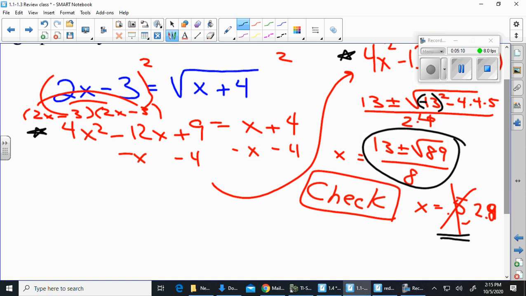Why would 0.5 not work? If you do 2 times 0.5 minus 3, that's going to give you 1 minus 3 is negative 2. That is not equal to the square root of 0.5 plus 4. So that's why I crossed it off.